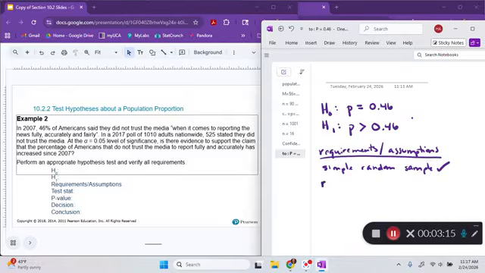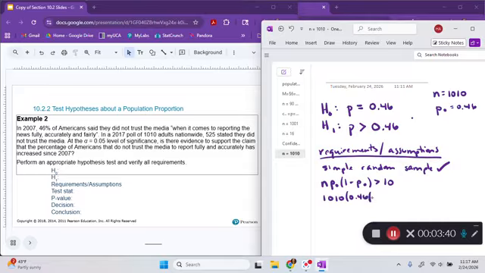Okay, the second thing that we need to check for is that n times p0 times 1 minus p0 is greater than 10. So let's check for that. n is right up here, 1,010, and our p0 is 0.46. So let's plug in those values: 1010 times 0.46 times 1 minus 0.46.